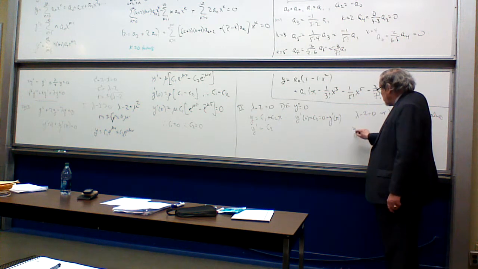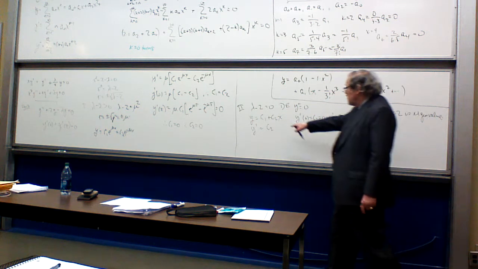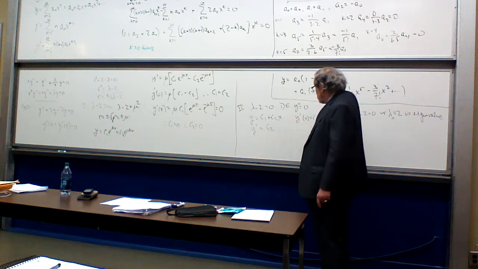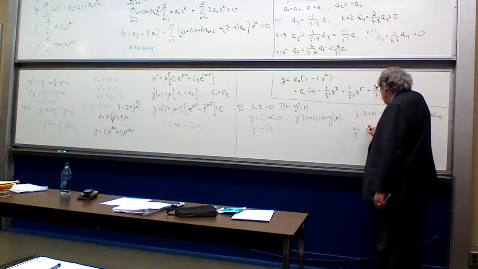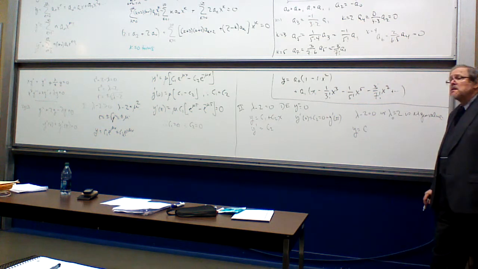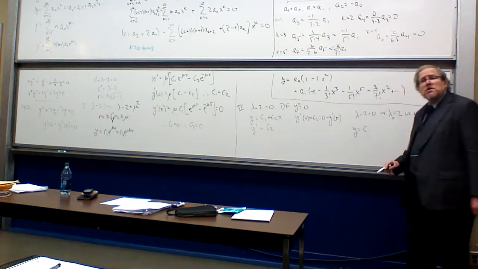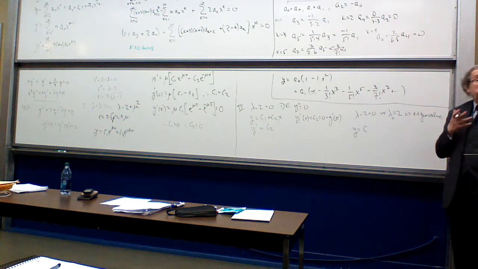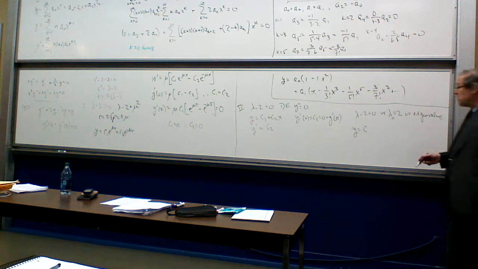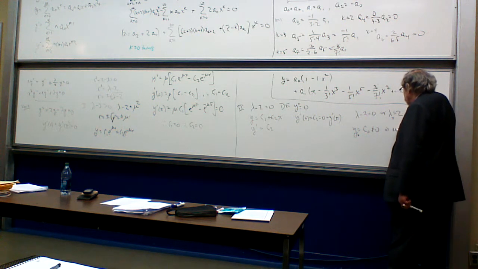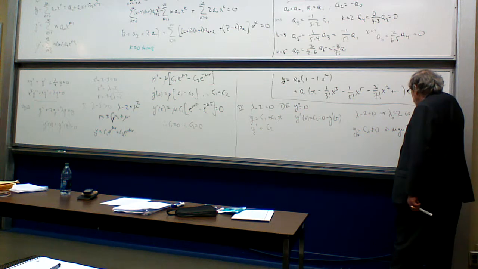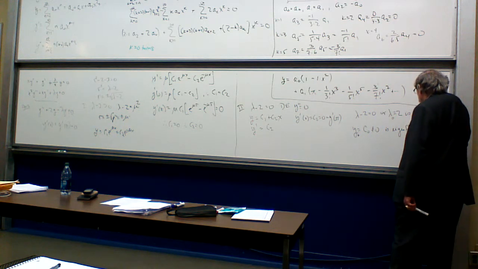And the corresponding eigenfunction, there was only the constraint that C2 had to be 0, so y equal a constant. Y equal a constant, any constant other than 0 is a solution. So y0 equals C0, not 0, is my corresponding eigenfunction.